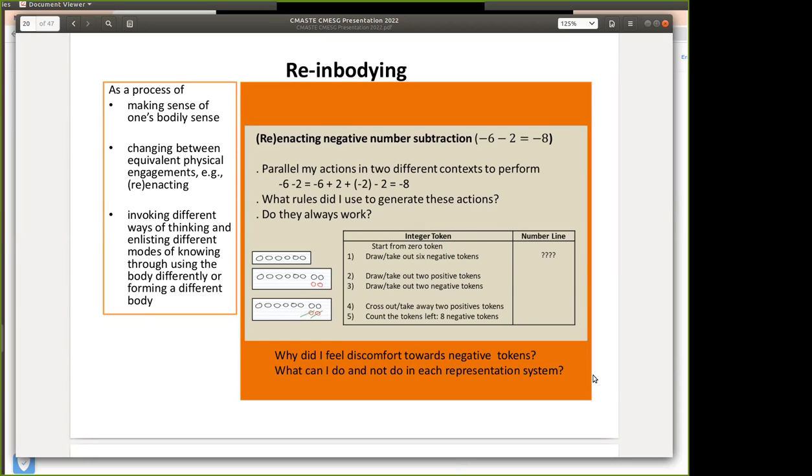When you have tokens, you can physically take them away, and that allows the negative number to be represented as having something. On the number line, you cannot represent it as having something. And so I found this space in between.